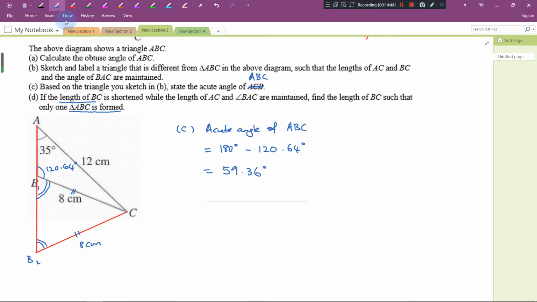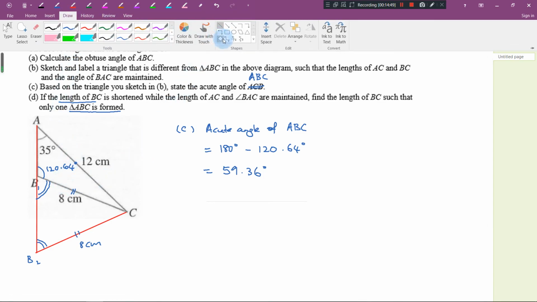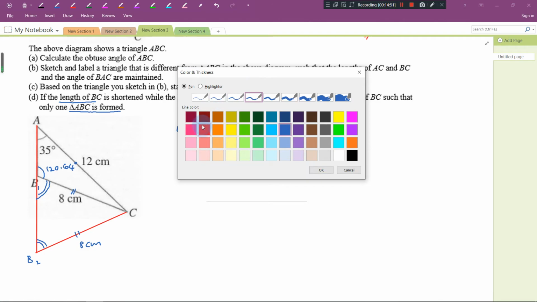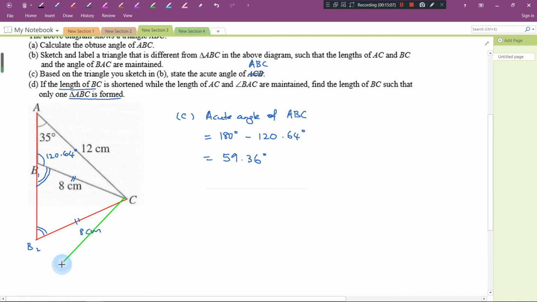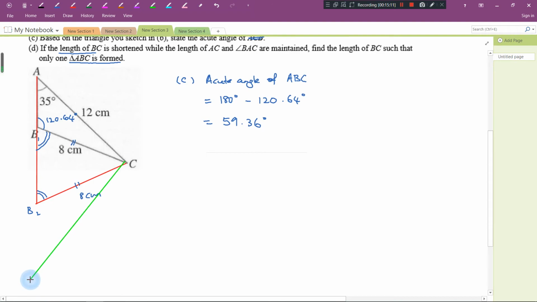So we know that here, let me use another color. If I make it very long here, if the green line is longer than this, they can form only one triangle, but it becomes longer. The question is asking for shortened.